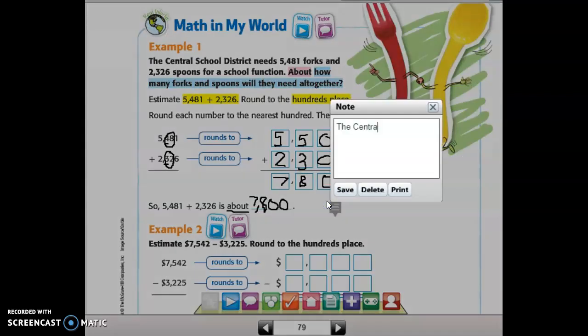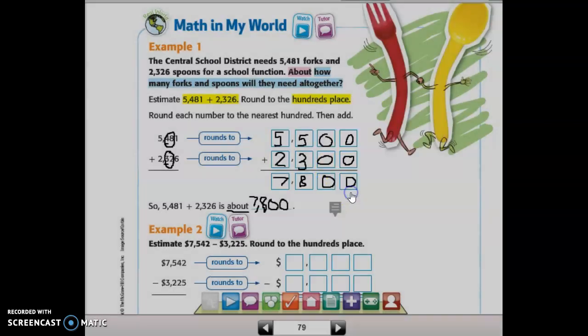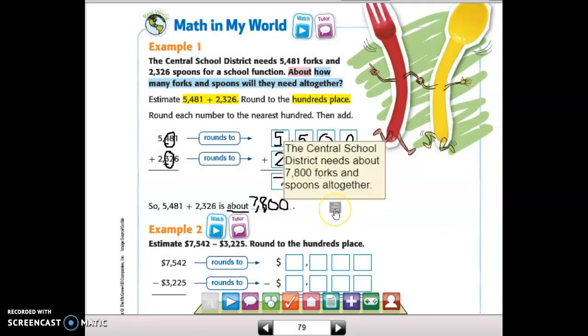The Central School District needs about 7,800 forks and spoons altogether. Okay. And that's what you want to write to show your complete answer for this. It'll also help you check your work and make sure your answer makes sense.